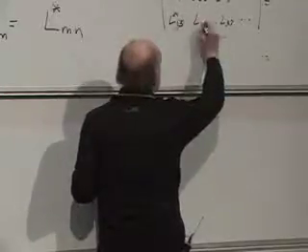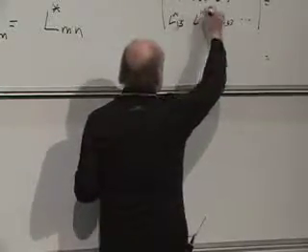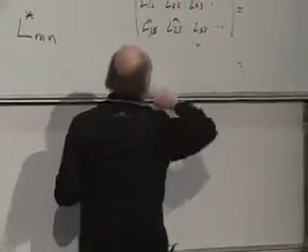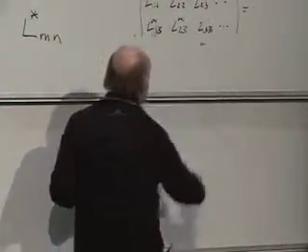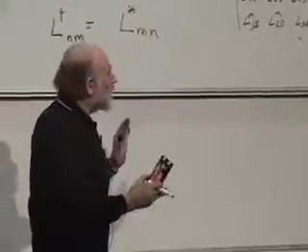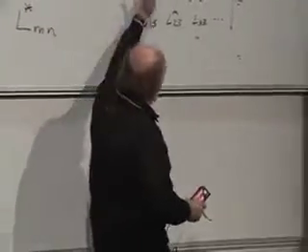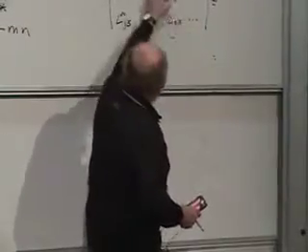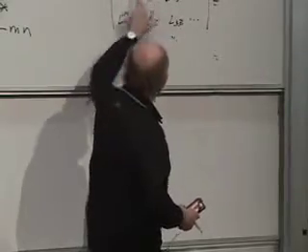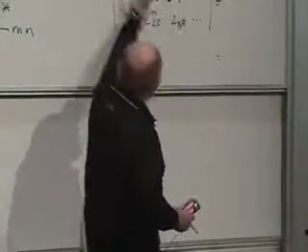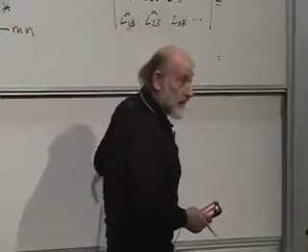This is L23 star, and so forth. L33 is real. So the rule for a Hermitian operator is that the diagonal elements are real, and the off-diagonal elements, the mirror images, are complex conjugates of each other.